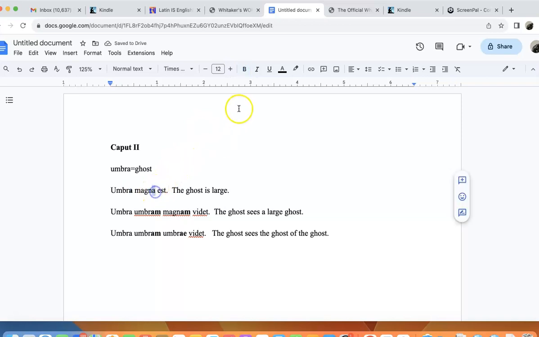So I'll just do one more here, and I'm going to say, let's see, umbra. Again, this is going to be kind of a nonsense sentence, but you'll see how we're using it. Okay.